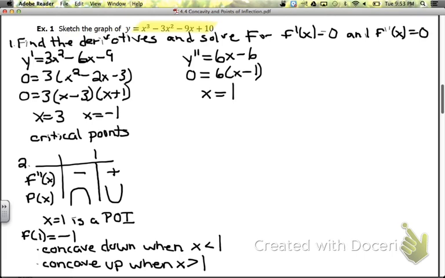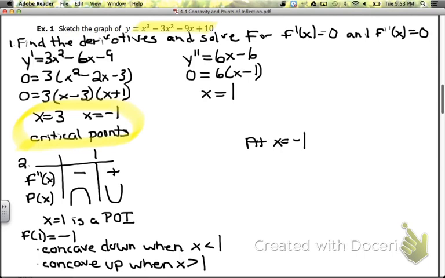So now we also need to look at our critical points. Remember our critical points we found when we were looking at our first derivative. So looking at our critical points, at x equals negative 1, what happens here?